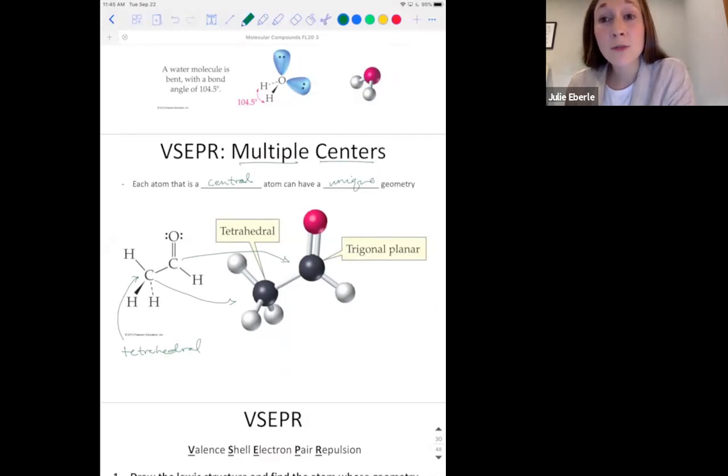Or carbon could also be linear. One molecule I immediately think of where carbon is linear is carbon dioxide. Carbon only has 2 bonded atoms, and here carbon would be linear. But most of the time it's tetrahedral. Some of the time it's trigonal planar, depending on the number of double bonds attached to the carbon. Questions on that?